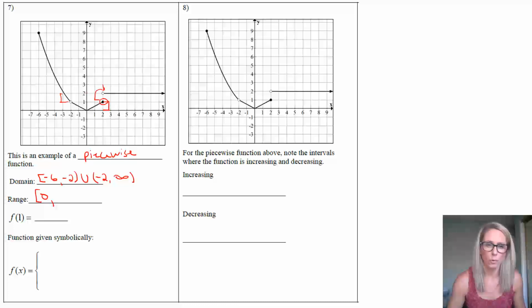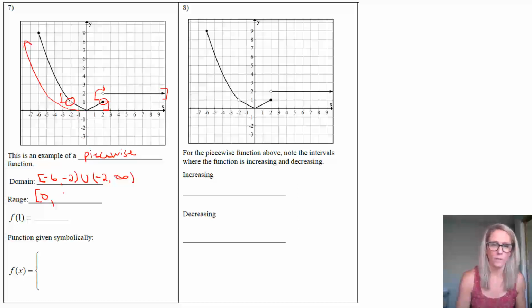And so really we're not even worrying about this piece because except for this value here, this piece along the side has every y value. And since there is a y value at 1, just on the other side, we're going to go all the way from 0 to 9 on this. And we're going to include 9 because we have the full circle.